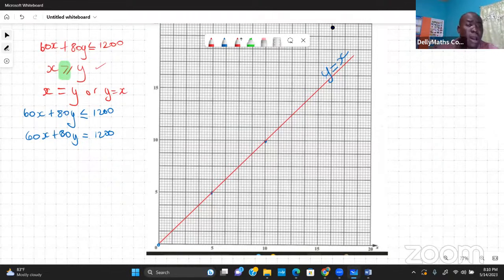If you want to work with smaller numbers, what if you cut down everything by 20 so you can see it smaller? It's fine. Everything could be cut down by 20, so it looks smaller. So you'll get 3x plus 4y equals 60.